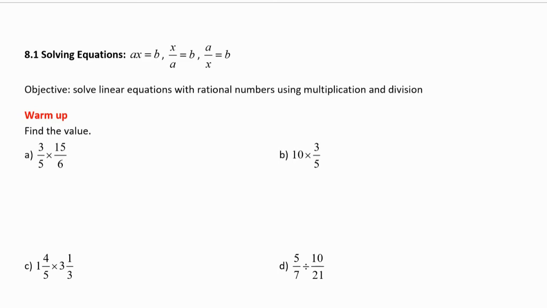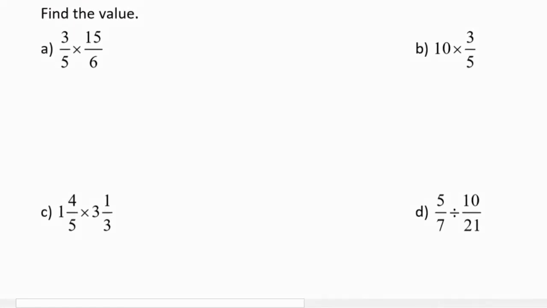So we'll be using fractions and decimals to solve linear equations. Okay, look at the warm-up questions. Before we start, let's review how to multiply fractions. Okay, here, there are two methods to solve this kind of problem.